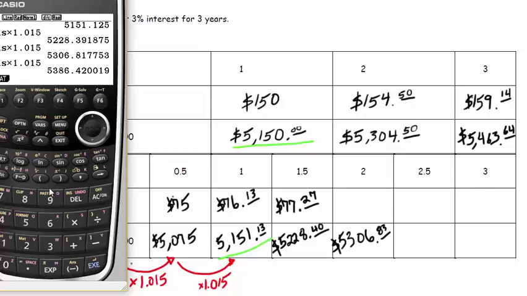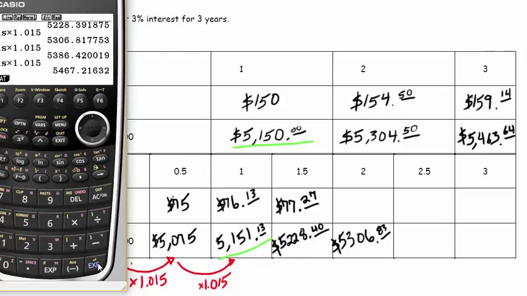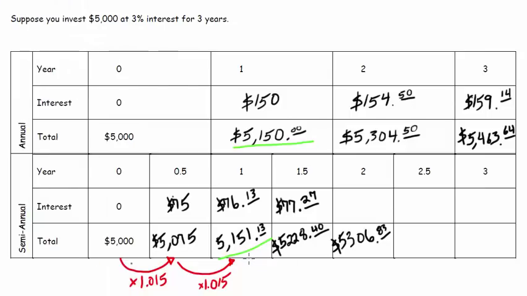And then lastly, one more time, 1.015. Alright, so here our shortcut then is going to be to multiply by 1.015, which just saves us that step of adding things back to what we already had.